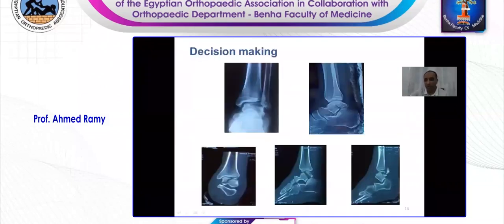So our decision making here for this case, as we can see, it is a multi-fragmentary talar body fracture. There's a transverse fracture, and this is another vertical fracture with a planted fragment from the distal fibula into the body. The fracture line is completely articular in all planes.